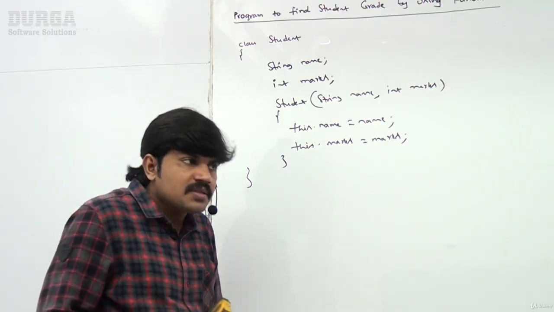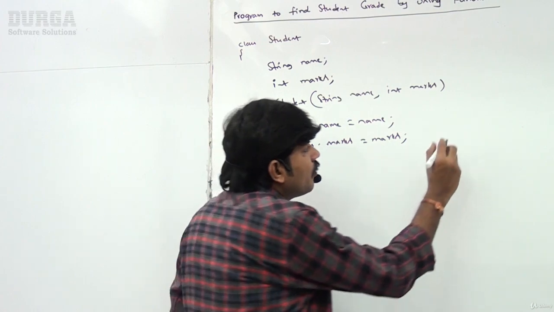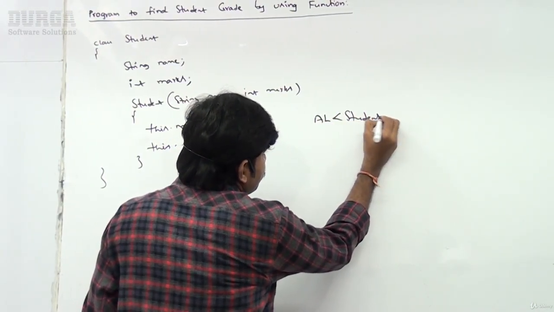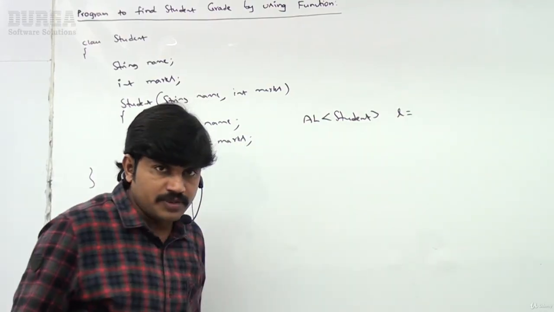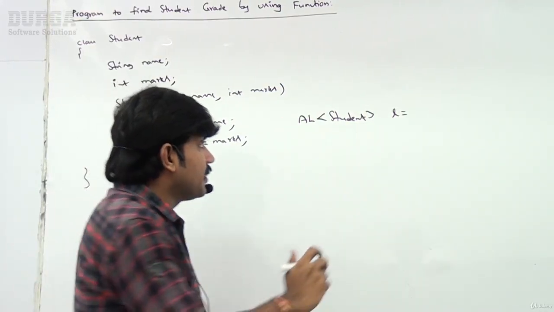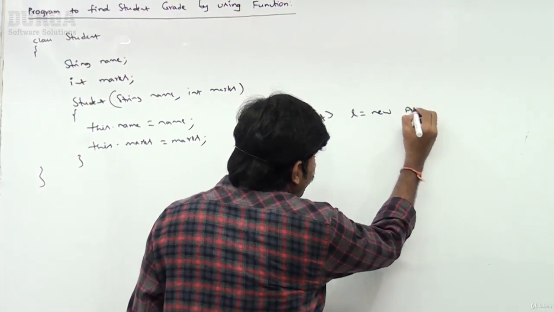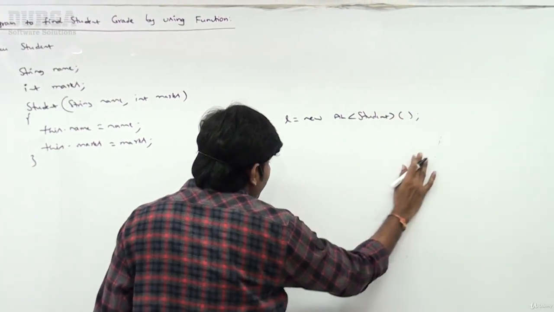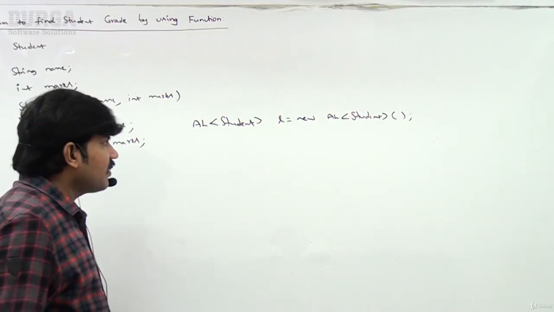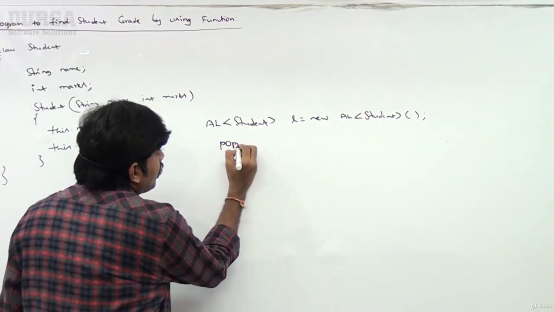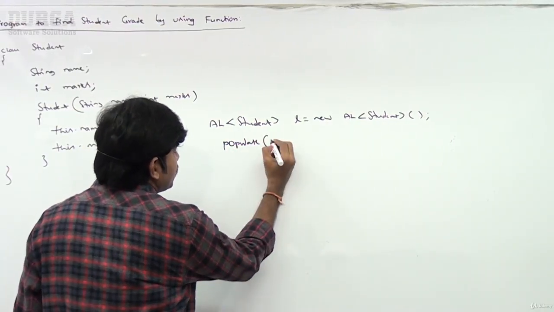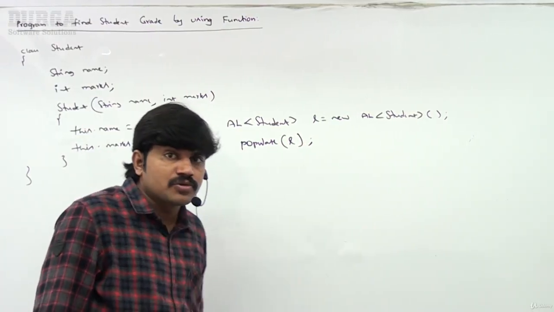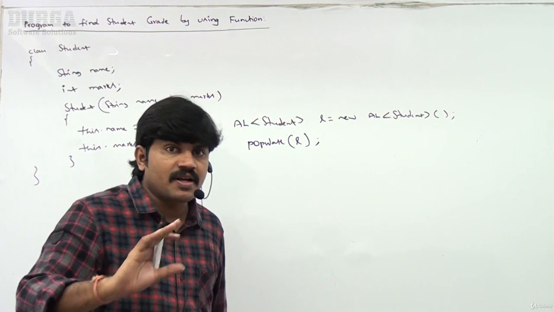Now I will create one ArrayList of Student objects to hold student objects: L = new ArrayList of Student. Then I will call the populate method, passing this L, so that this list object is populated with several student objects.